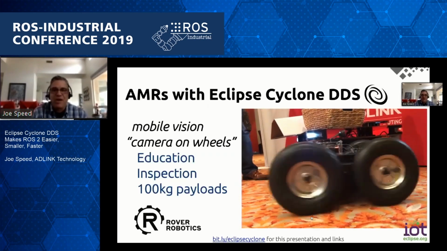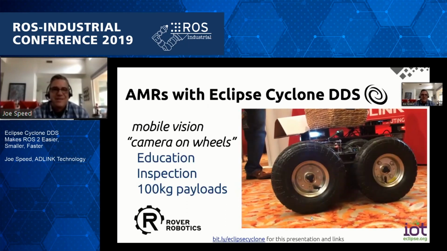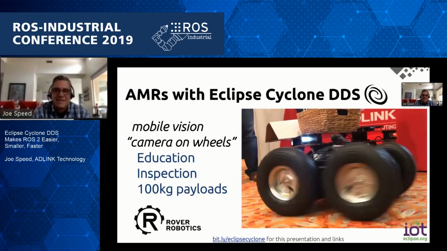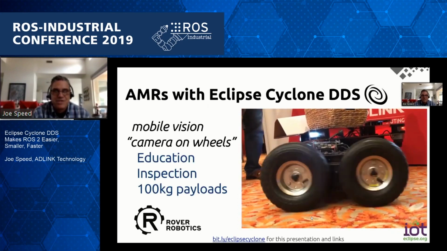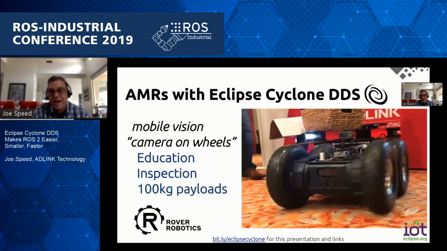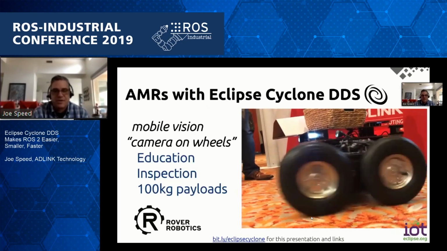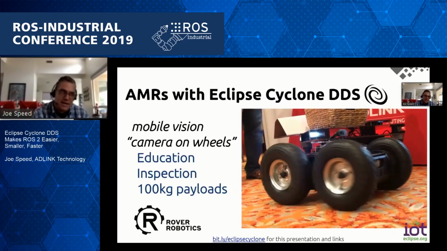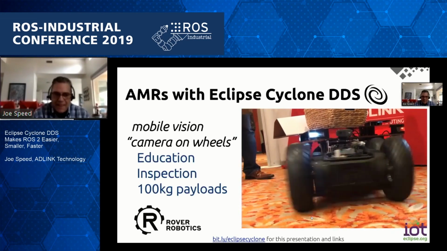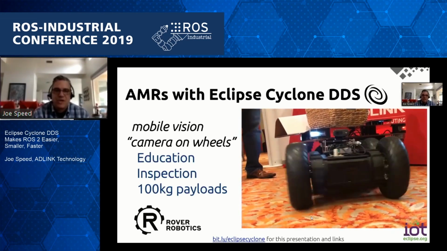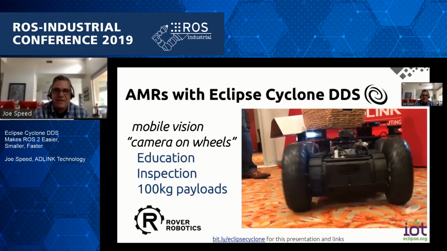And then smaller mobile things with Eclipse Cyclone DDS. Rover Robotics tested a lot of things in their migration from ROS to ROS 2, and they have a rather brilliant blog series I encourage you to read at blogs.roverrobotics.com. I'll add it to the links. It's about their whole journey migrating to ROS 2, which I think would be really interesting reading.